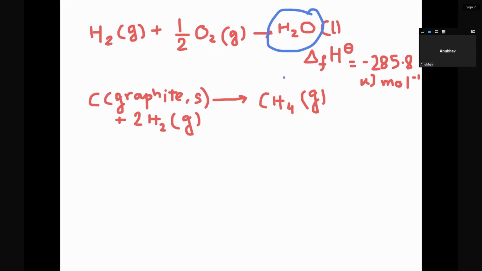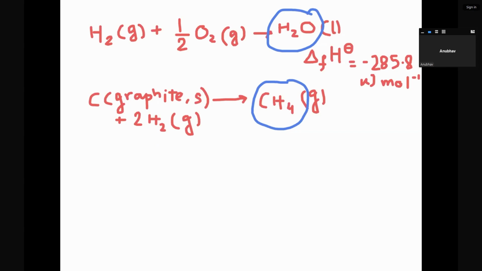Similarly, if you are asked what is the standard enthalpy of formation of methane, you will see you have the carbon element and the hydrogen element. For hydrogen, the gas element is H2, and for carbon, it is graphite, that is solid. And now we have carbon plus H2 to CH4. And then we will try to balance this equation to get the actual chemically balanced equation.